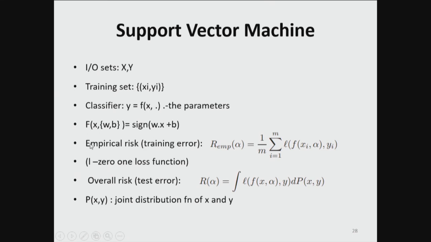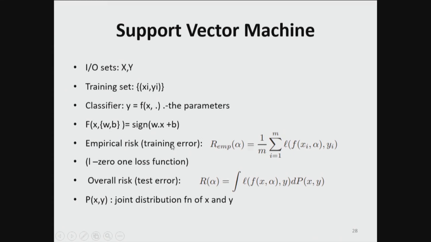Then we create a model using f of (x, w, b), where b is the bias and w is the corresponding weights, using sign of (w times x plus b). In this formulation we have a separating line. We want to check whether there is a training error involved or not.